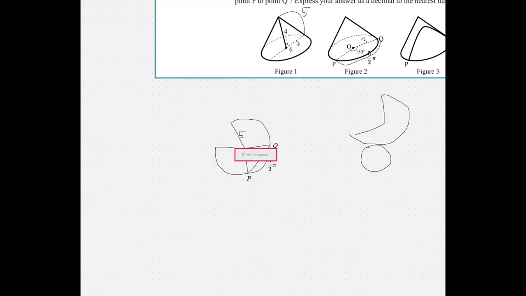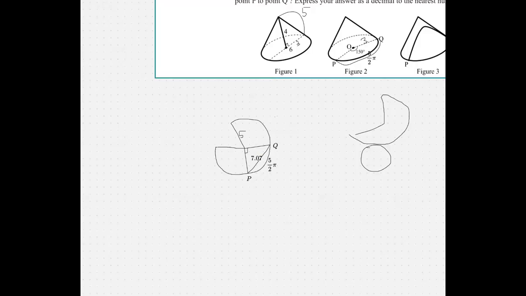Oh yeah, we need a decimal, right? It's 7.07 as far as I know. Okay, yeah. So basically you just need to know that you can unwrap a cone into a sector, and then you can use arcs and find it.